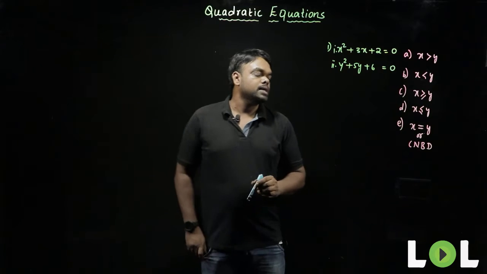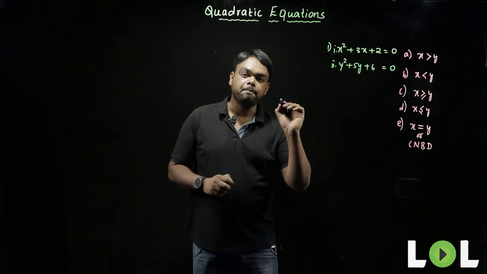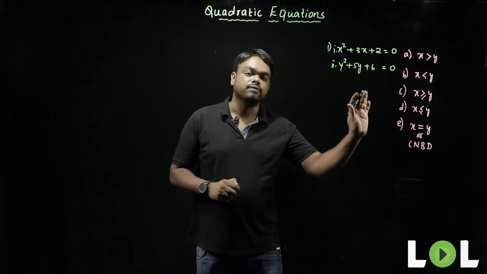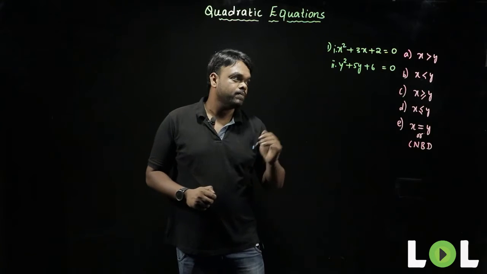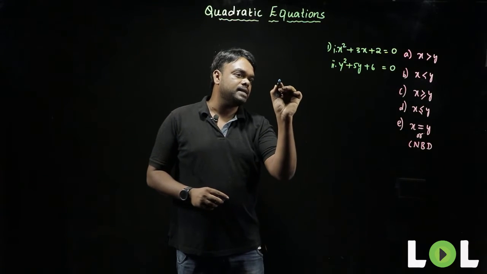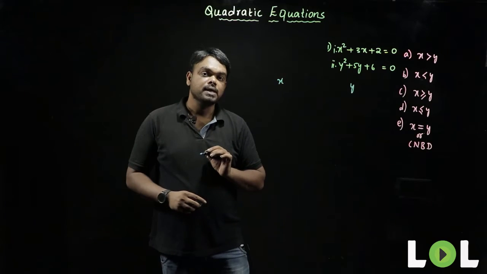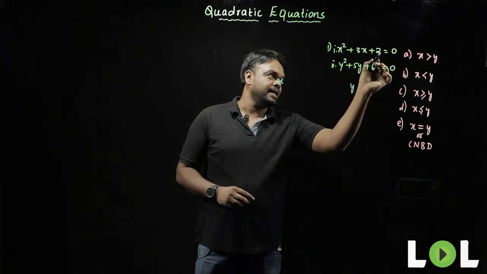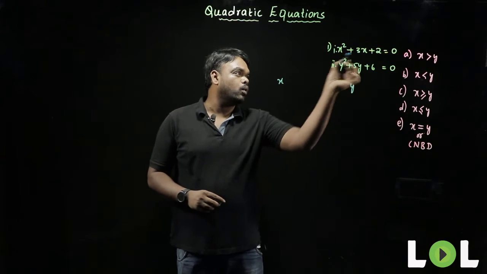What can we do? See, for the first question, I'll be going in a very slow way. I will completely solve the entire two equations, and then eventually we will reduce the steps. Well, there are two equations, one in terms of x and the other in terms of y, right? Start with x square plus 3x plus 2. Similar equations which we have already solved, right? What do we have here?